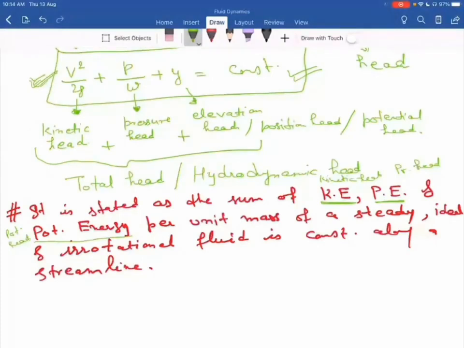So it is stated as the sum of kinetic head, pressure head, and potential head of a steady, ideal, and irrotational fluid is constant along a streamline. Why did we say along a streamline? Because the fluid element we considered must lie on some streamline, similar to a point lying on one streamline. So this is Bernoulli's theorem and Bernoulli's equation.